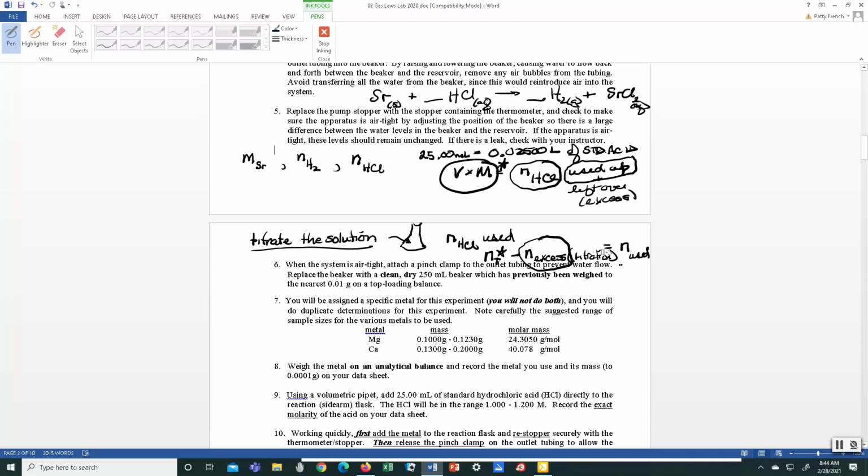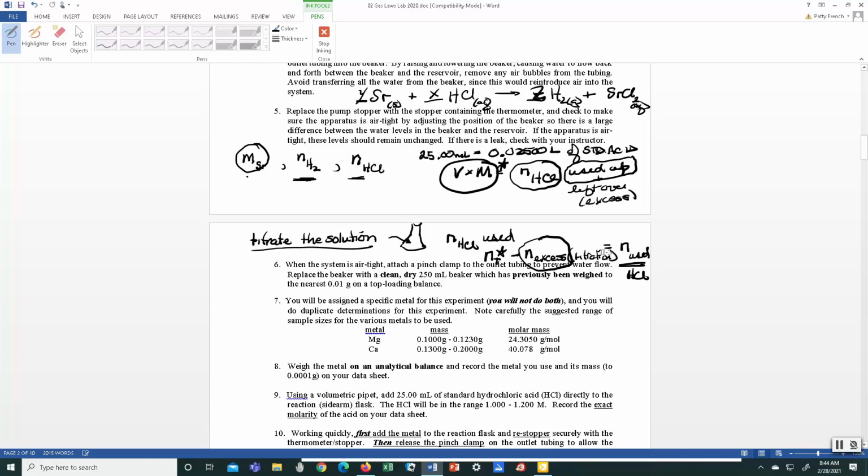Now you've got the number of moles that you used of hydrochloric acid. You've got the number of moles of hydrogen gas. So we can put something in here and we can put something in here. We don't care about this guy. Uh-oh, we're missing this. I've got the mass of strontium. How can I get that?